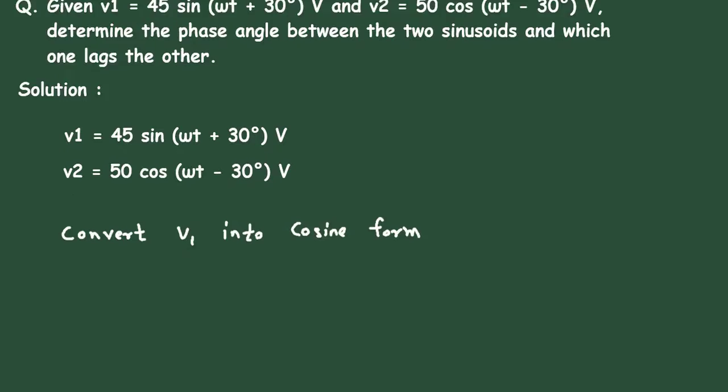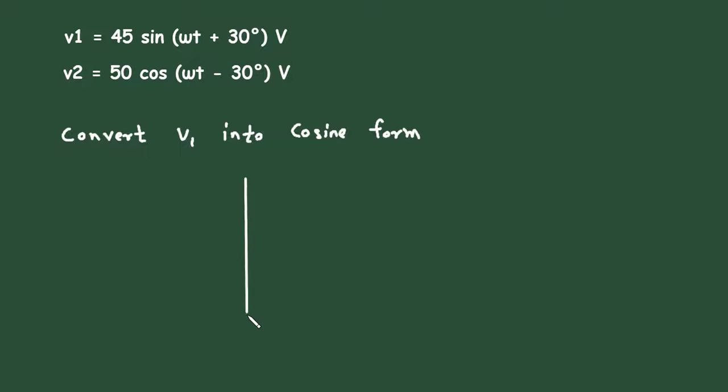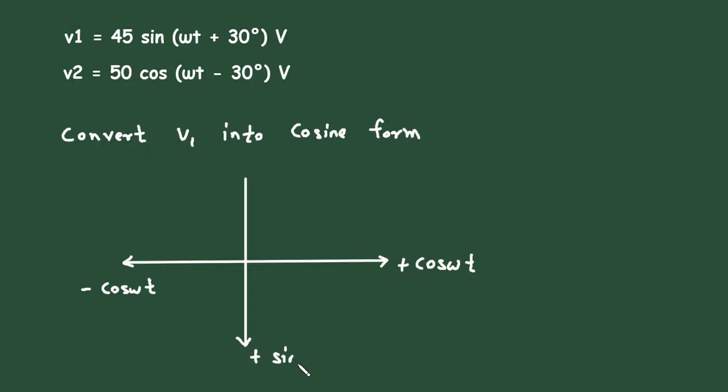So again let's go to the basics. To convert sine to cosine, here on this horizontal axis this is plus cos omega t and this is minus cos omega t. This is plus sin omega t and this is minus sin omega t. We want to convert this plus sine to cos omega t.